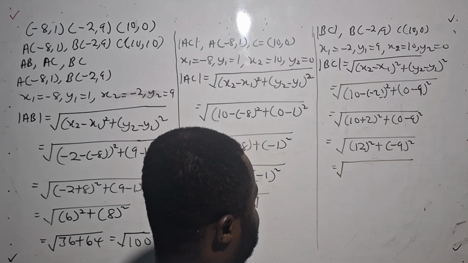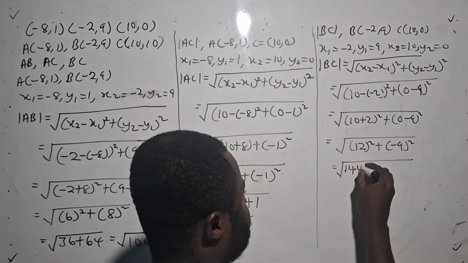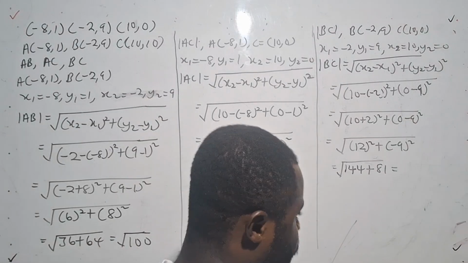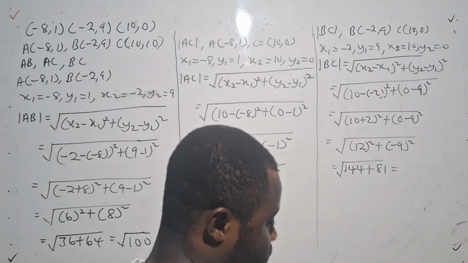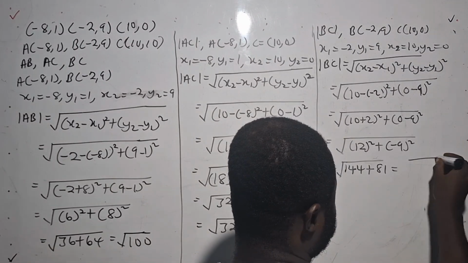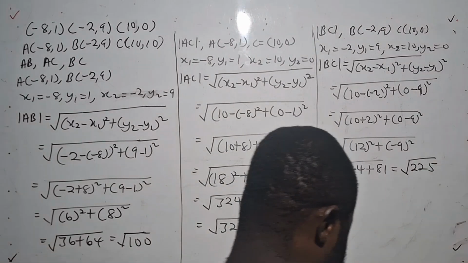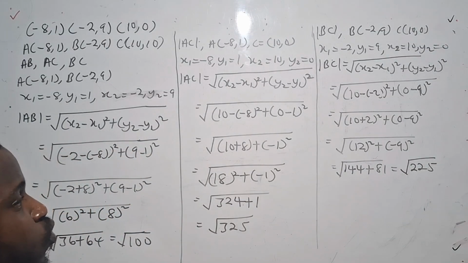So this side will give us 144 plus 81, which will give us the square root of 225. The square root of 225.